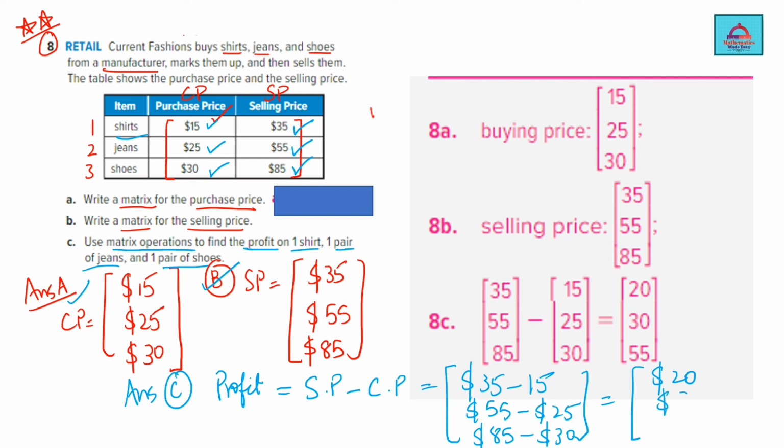You get $30 profit on one pair of jeans, and you make $55 of profit on one pair of shoes. So what you did? You just did matrix subtraction to get your profit. Here, easy question. The point to remember here is that profit is selling price minus cost price, and to note that in this question selling price is more than cost price for each item.